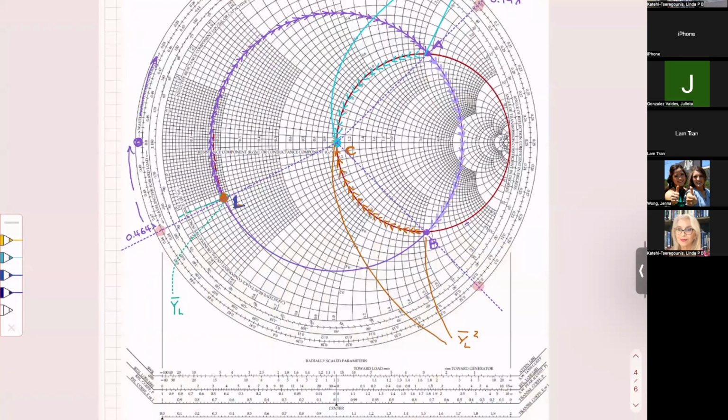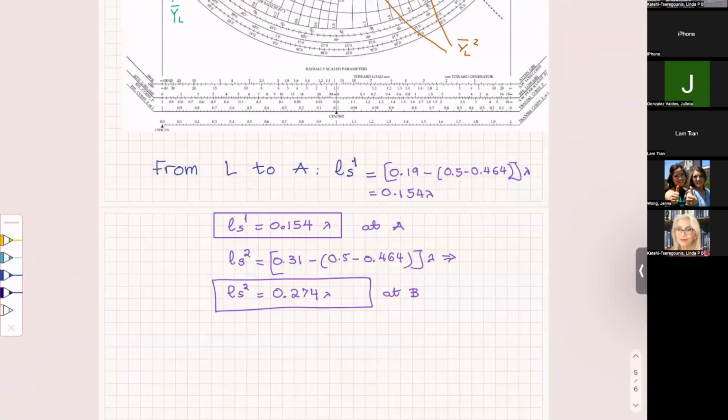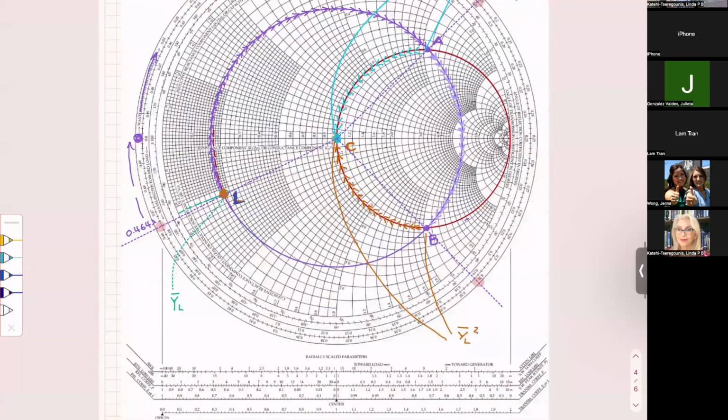Now, in the first solution, LS1, we need a YS for the stub to be equal so that 2 minus J, we need to, in fact, we have the following.